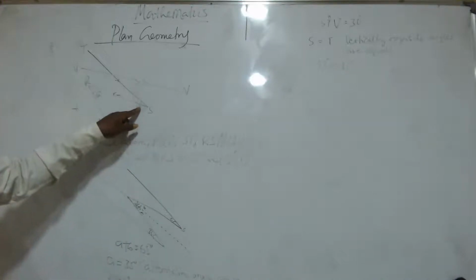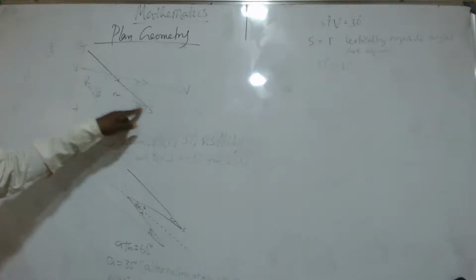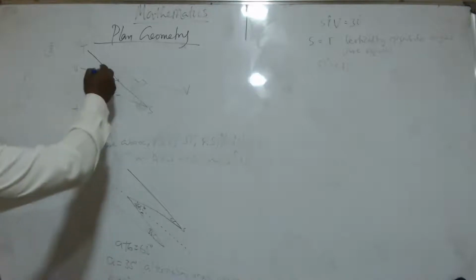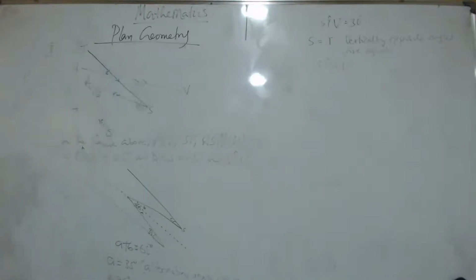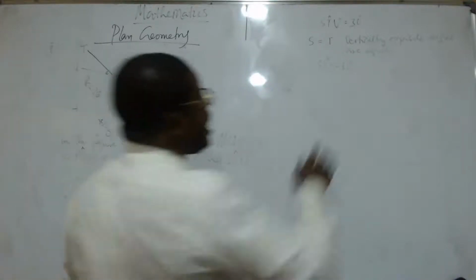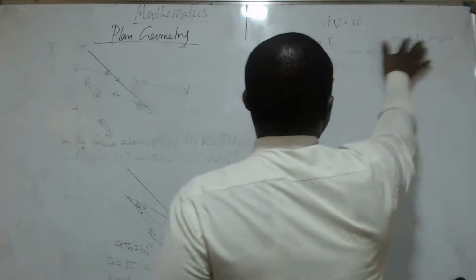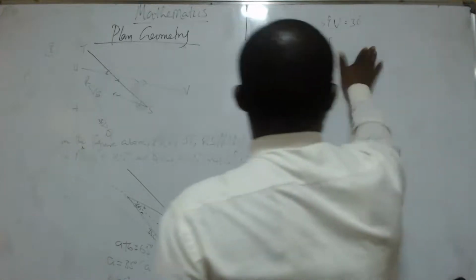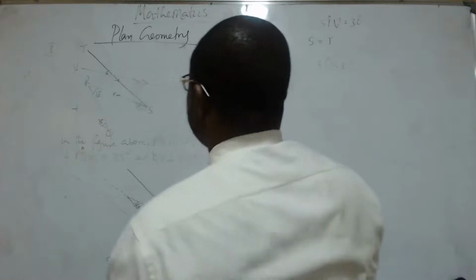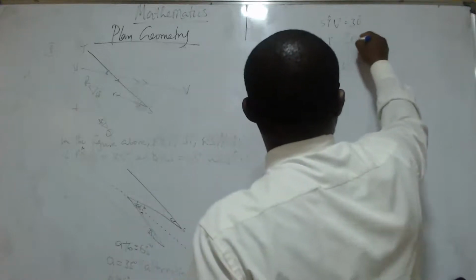Now this 30 here is facing up, and this angle here, T, is also facing up. What do we call that? Corresponding angles, because both angles are facing the same direction.